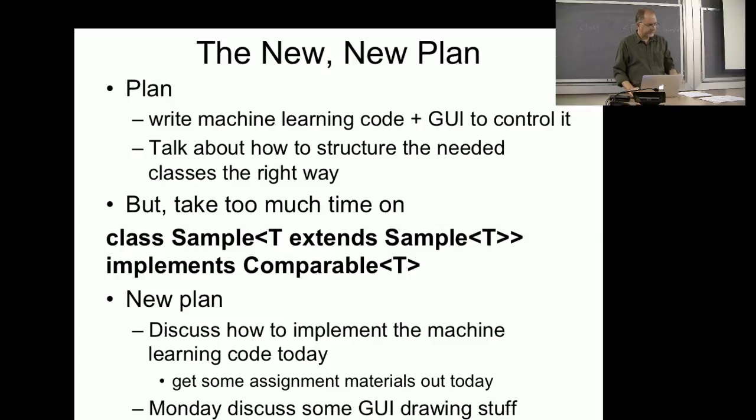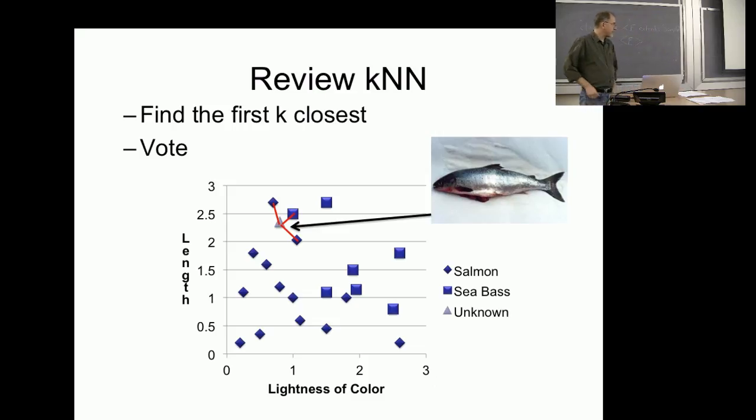All right. So let's review quickly the k-nearest neighbor classifier. We have some kind of thing we want to classify, and in this case that thing is fish. But we're also going to do fruit, and eventually face expressions, like that little Kahoot quiz at the beginning of class last time.